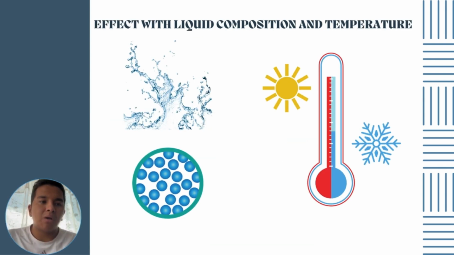I'm going to talk about the second point. The second point is the effect of liquid composition and temperature. The gas-liquid equilibrium depends on factors such as liquid composition and temperature. In a mixture, each component generates a pressure proportional to its amount. This is explained by Raoult's law and Henry's law.